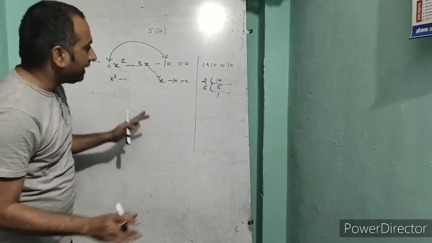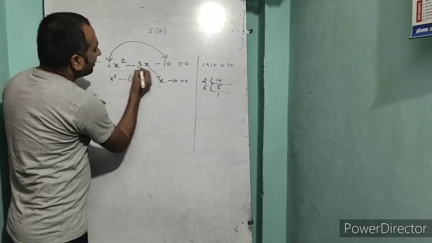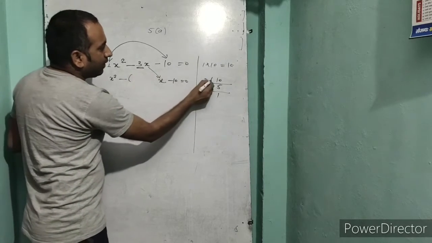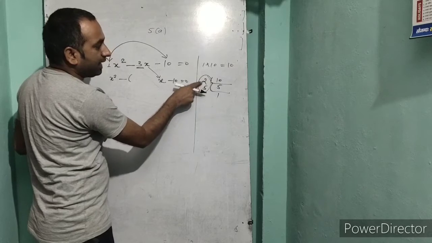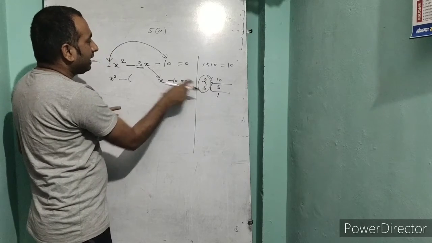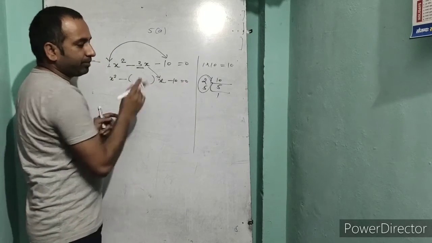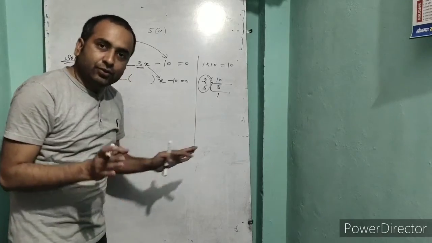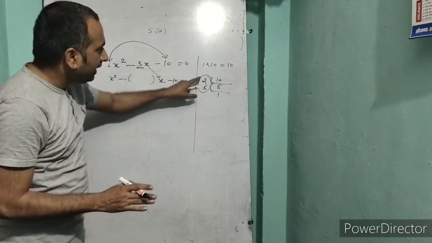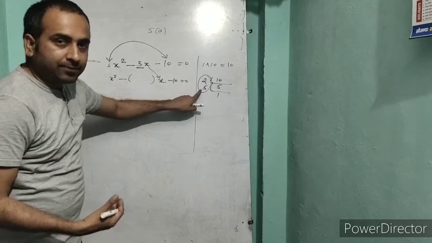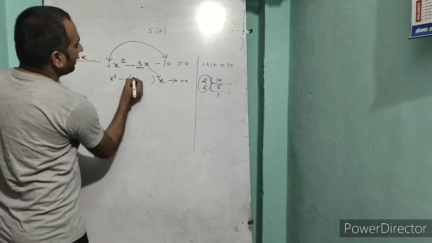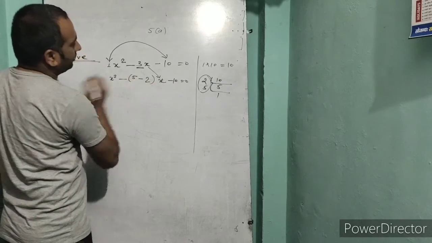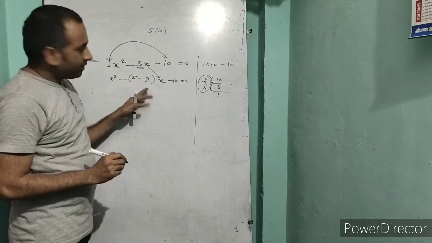Your work is that you have to make 3 with the help of 2 and 5. By these 2 and 5 you will create 3. You can add, you can subtract. So how will you make 3 from 2 and 5? By 5 minus 2. This will give you 3.